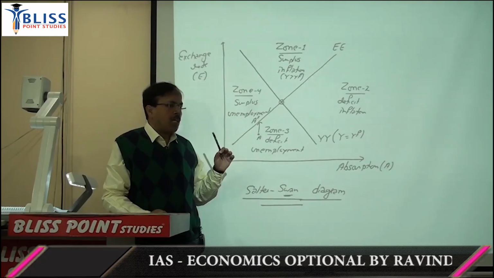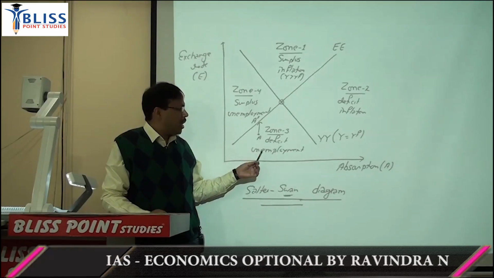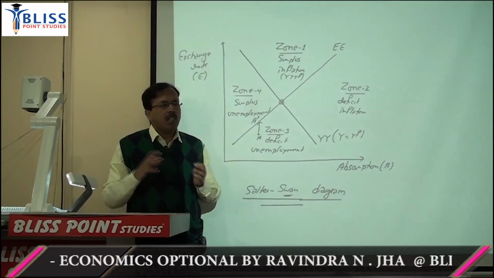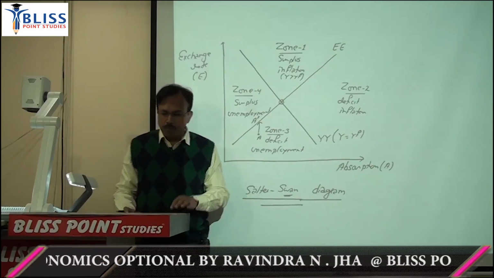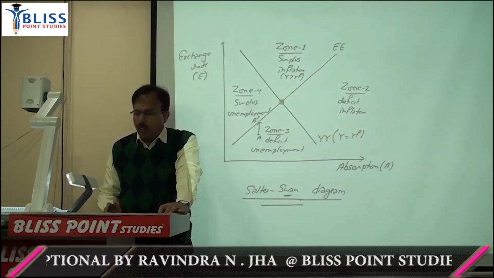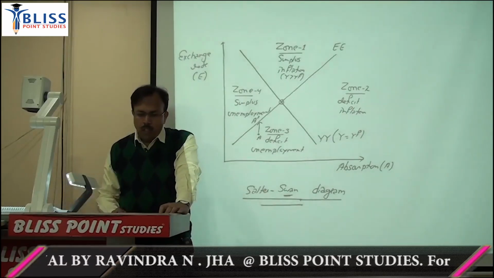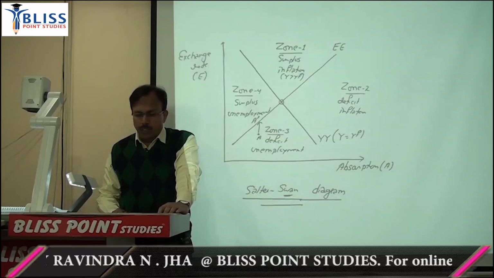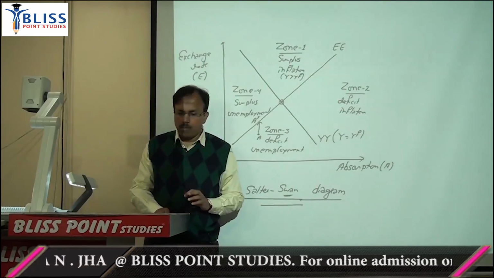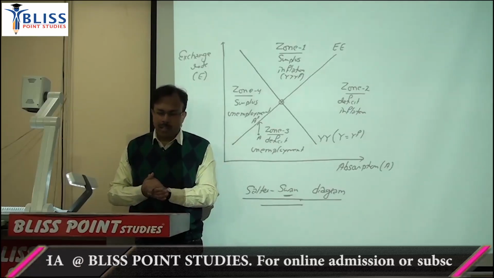Now in order to attain internal balance, since there is unemployment, you have to increase output as well. So you have to use another policy as well. The economy can move to point A dash where there will be external balance.